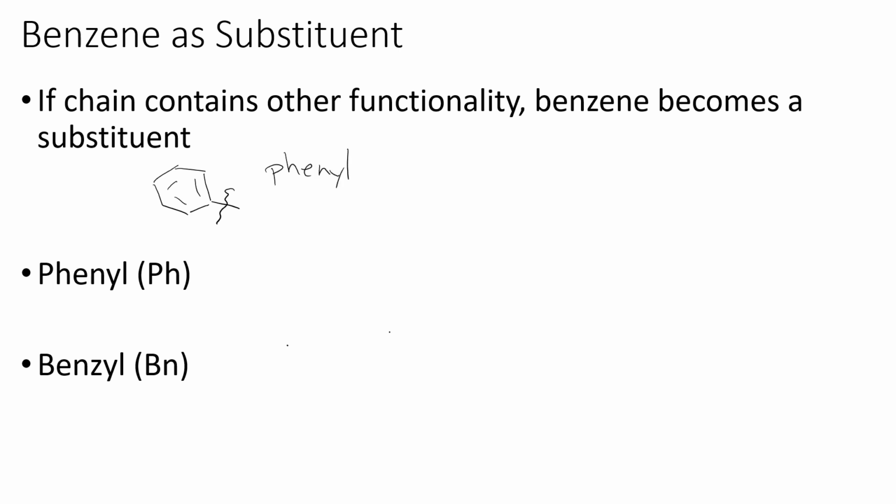It's a phenyl substituent. If we wanted to use an abbreviation, you would see this abbreviated as Ph coming off of a very large parent chain or a parent chain with other functionality. This would be a phenyl group. We will also talk about a benzyl group. With our benzyl group, there is a CH2 unit, a carbon, between the parent and the benzene ring.